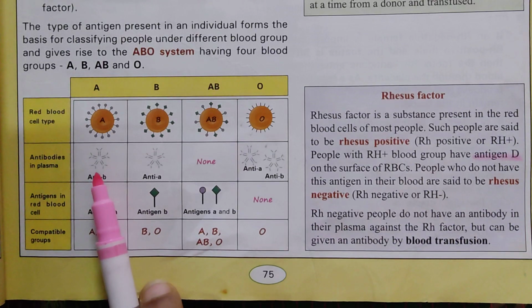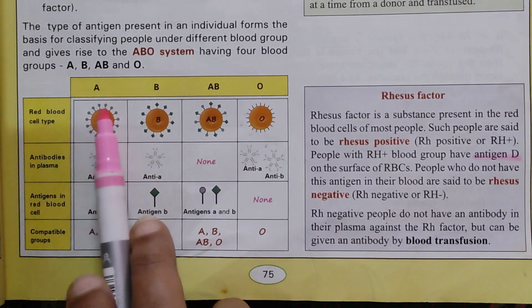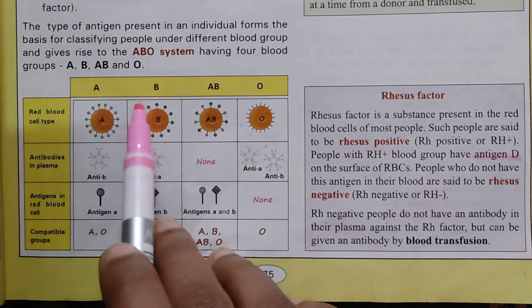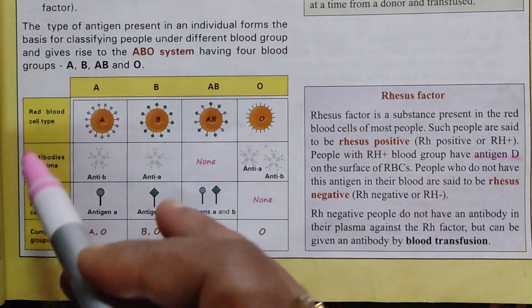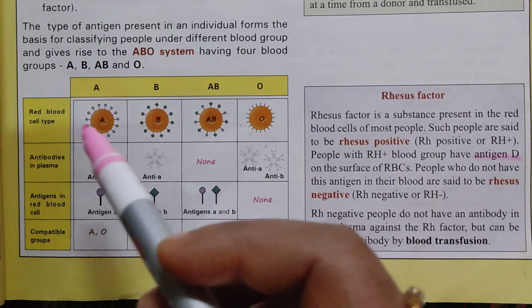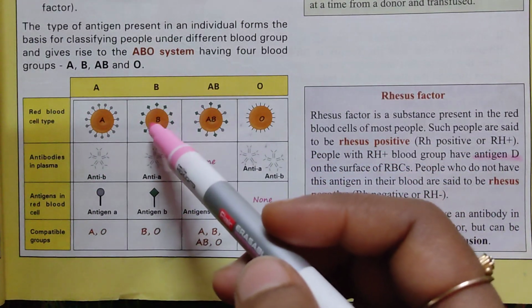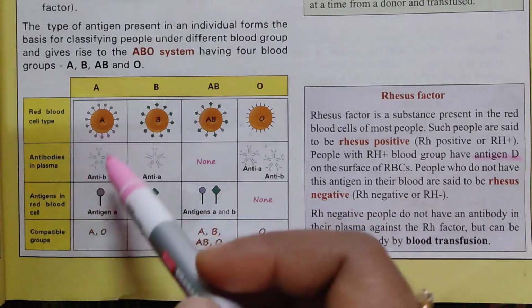Now what happens over here? Because there is presence of antigen A, there will also be production of antibodies. But antibodies will be produced against what? Antigen B. So it will become anti-B.